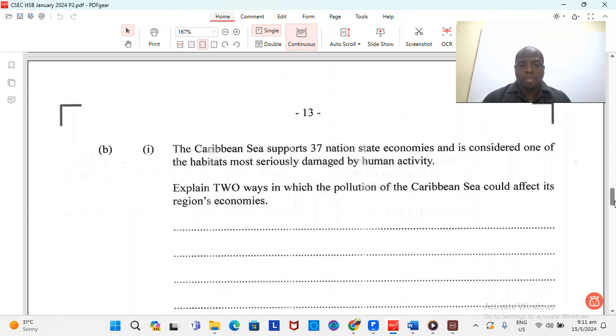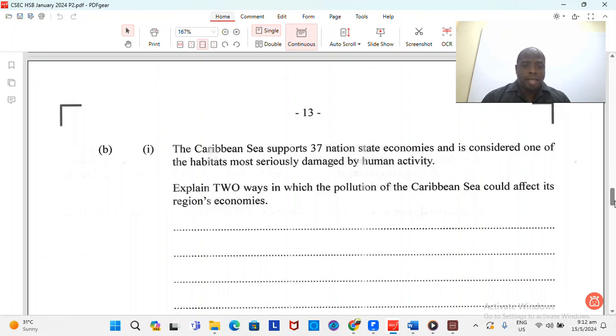So, one, if you want to maintain that continuous inflow, the Caribbean is one of those tourist destination sites. And so if you want to have the continuous inflow of tourists to your region, then the aesthetic, the appearance of the beaches and the sea, will be affected, because nobody wants to come to an area that is not properly kept.